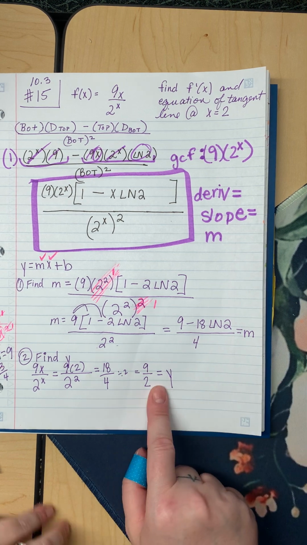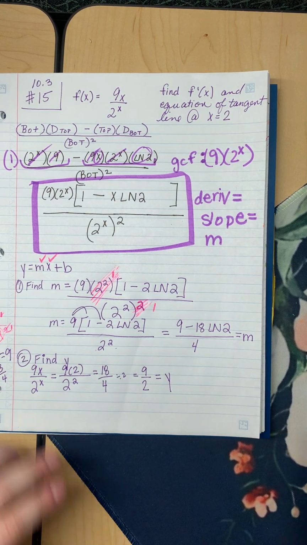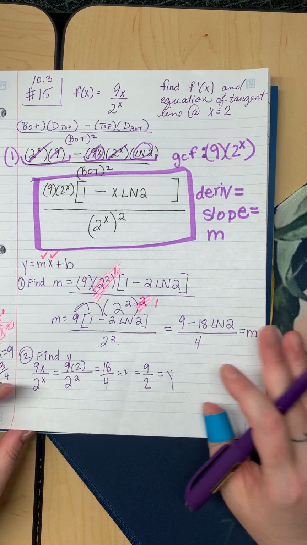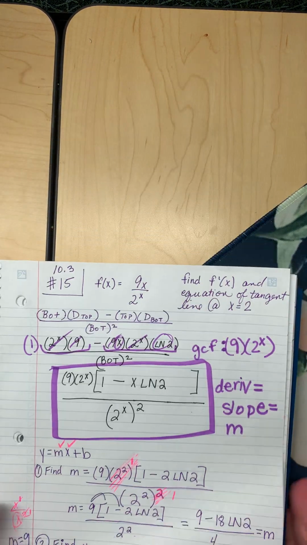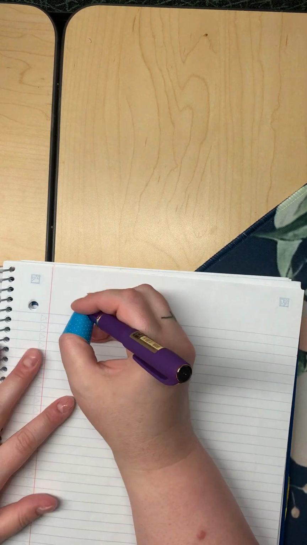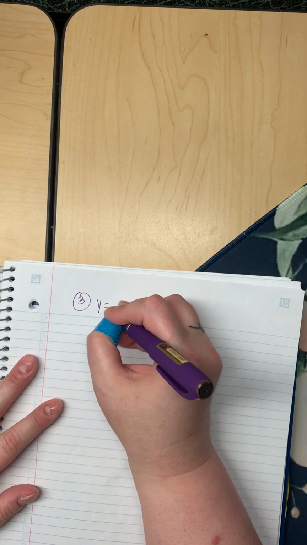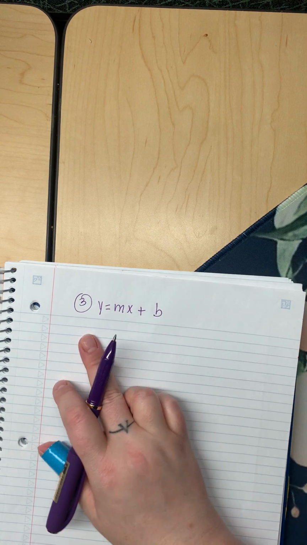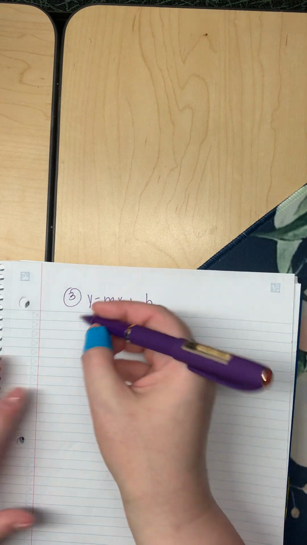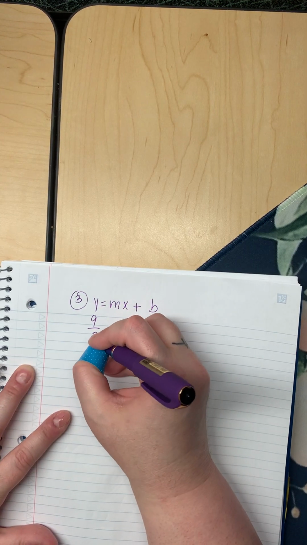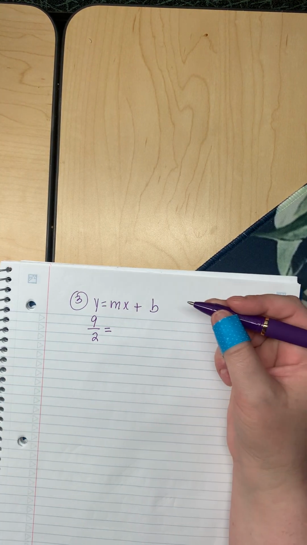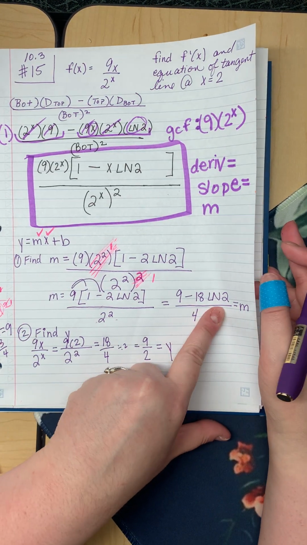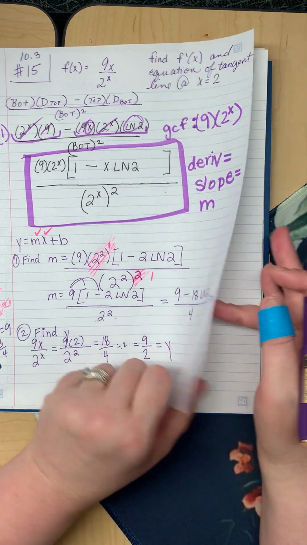Okay, so now that I have my y, I have to plug it into y equals mx plus b so I can find the b. It's going to be kind of scary because this is frightening, but it's okay. So my third step is to use y equals mx plus b. And we just found my y value to be 9/2 equals, my m was that big dirty equation, 9 minus 18 ln 2 over 4.